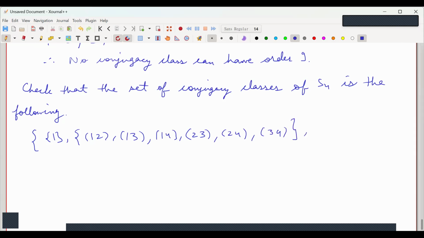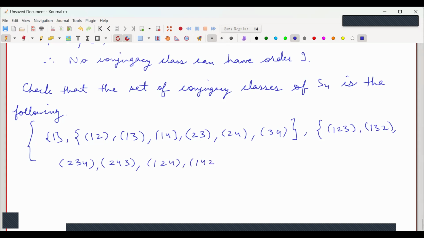All three cycles will form one class: (1 2 3), (1 3 2), then (2 3 4), (2 4 3), then (1 2 4), (1 4 2).